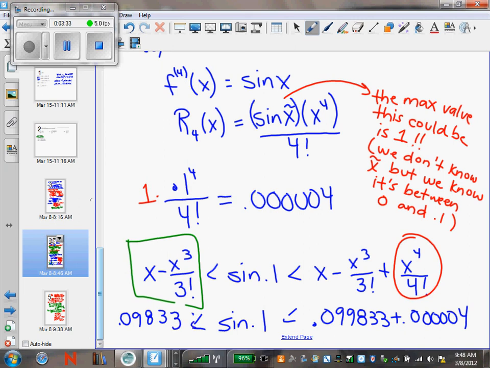We know that's less than sine of 0.1 because we actually plugged that in our calculator, and that value will be less than our error bound. So 0.09833 is what I already calculated plus 0.000004. So our error bound is 0.000004, and our actual error is less than that. Okay, so that is our error bound.